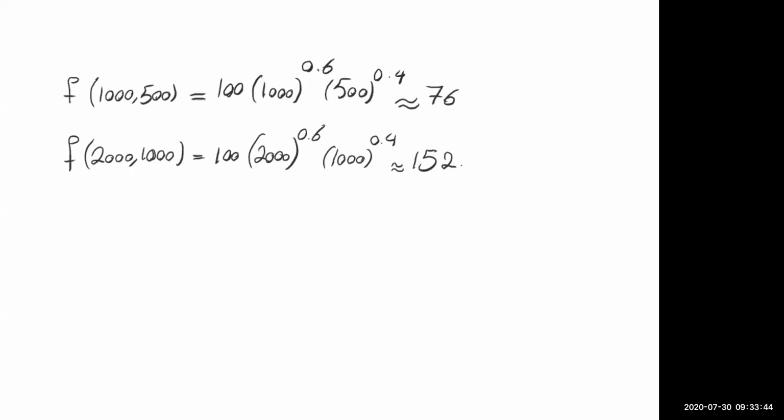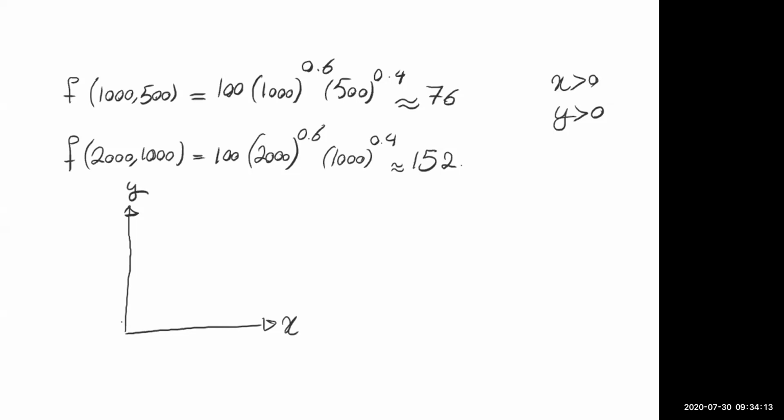Now, if I look at the domain of the function, x and y should be positive, right? It doesn't make sense to be negative. We are talking about a question in economics, where the number of units of labor and units of capital are positive numbers, so x and y.